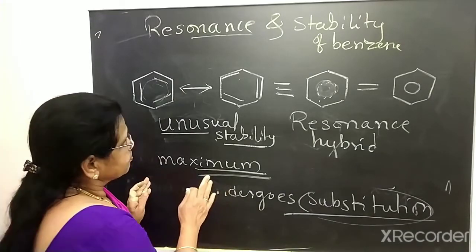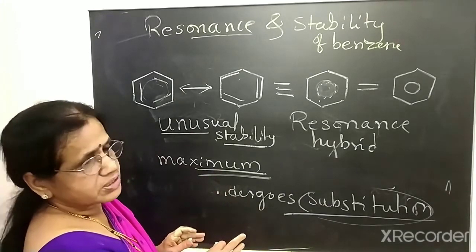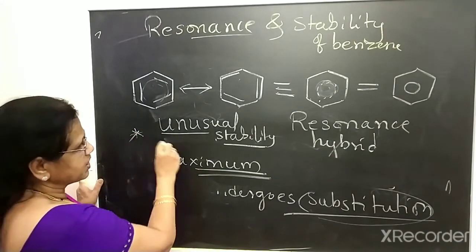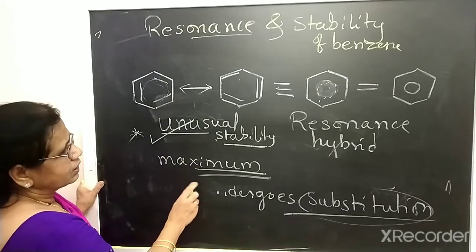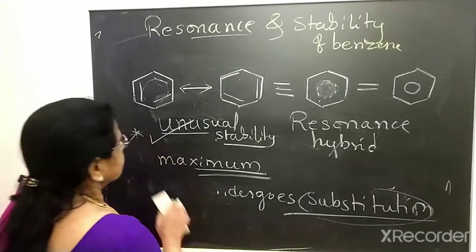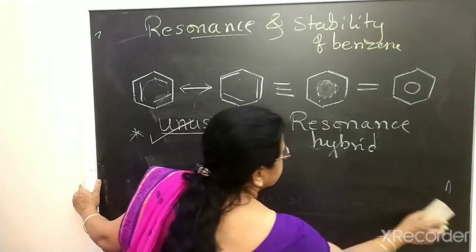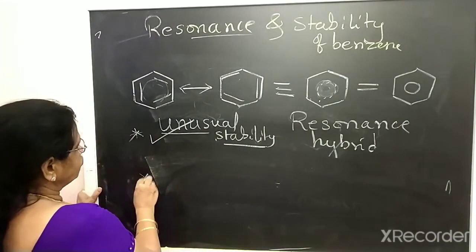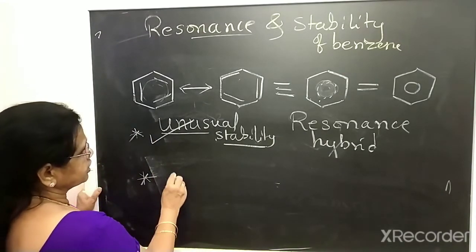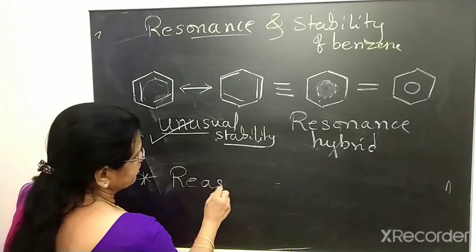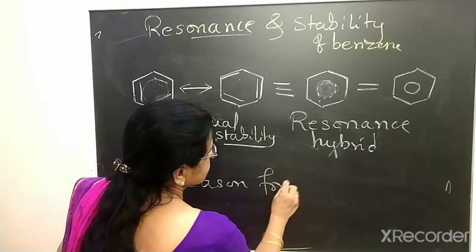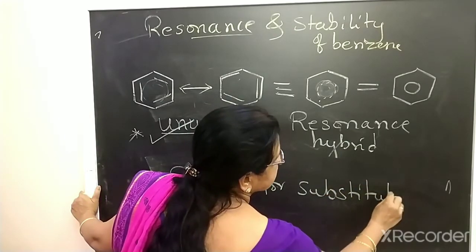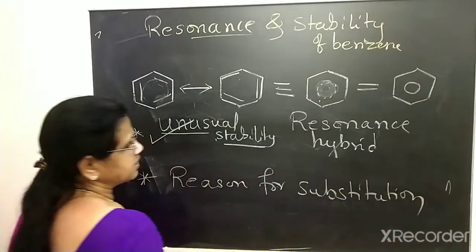The theory fails to explain the unusual stability of benzene, and the reason for undergoing substitution reactions instead of addition reactions is not explained.